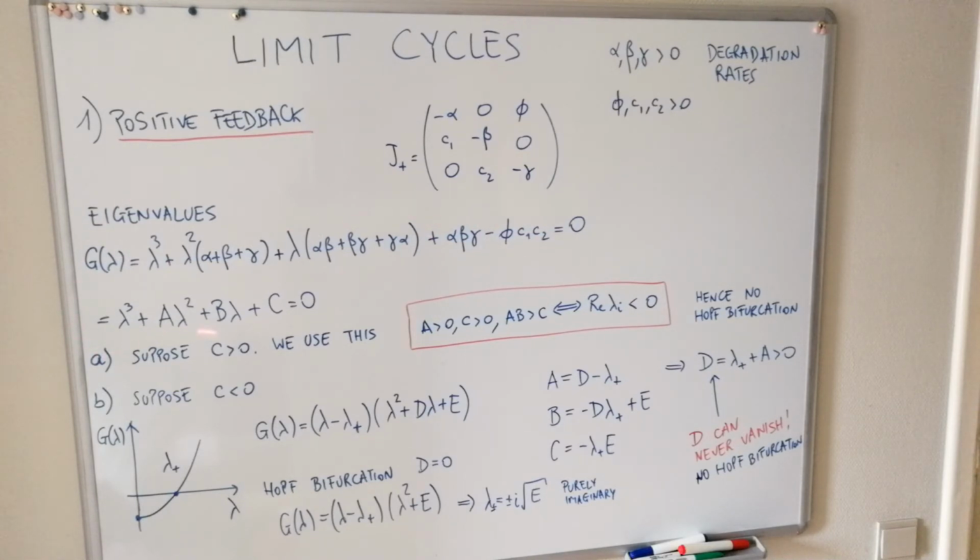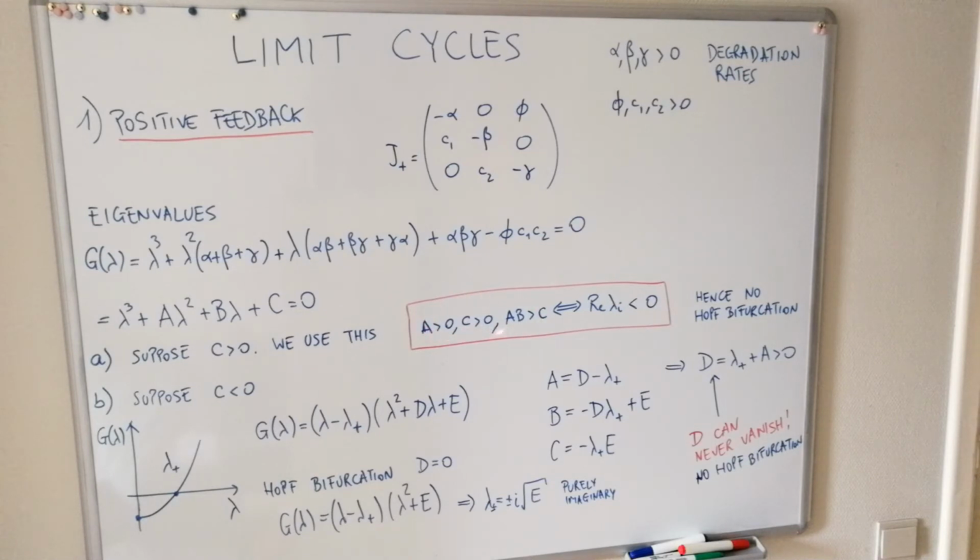So now we split the analysis in two cases. Suppose that C is positive. We make use of the following theorem, the following properties. This is called the Routh-Hurwitz criterion.